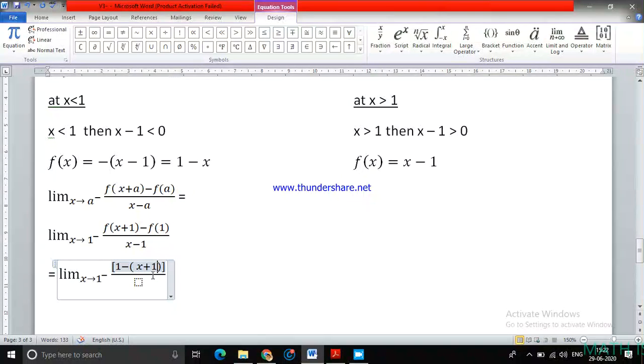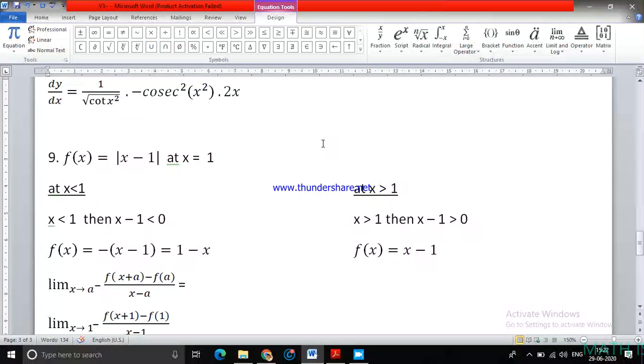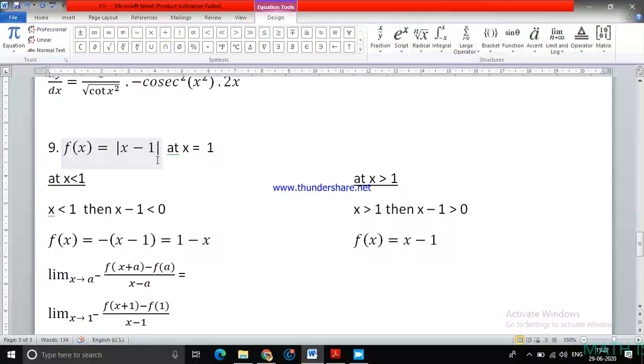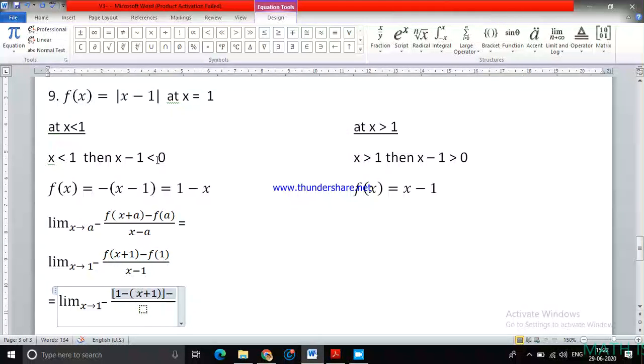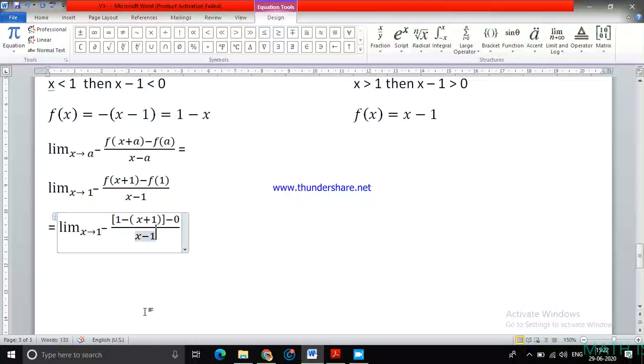So this is f of x plus 1, minus f of 1. In this function I have to replace f of 1, so I will get 1 minus 1 is 0. Mod of 0 is 0. So this will give me the answer as 0. And here I will get the answer as x minus 1. Okay. So what will be left out?